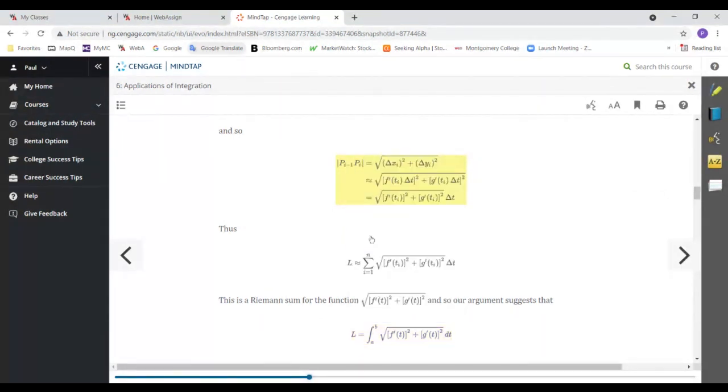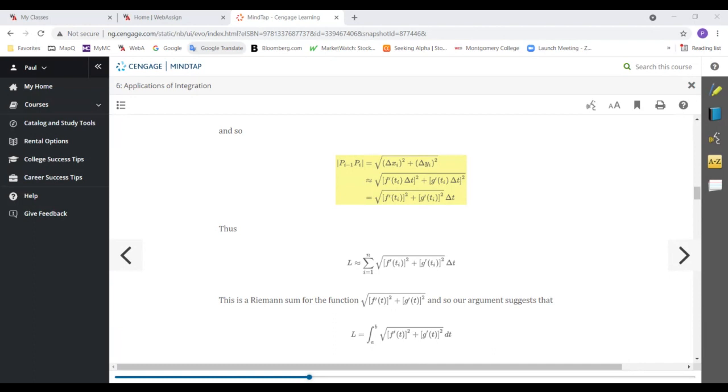Now the distance between the two points can be expressed this way. The delta t squared can be factored out of the square root as a delta t. And so the distance of the line segment is equal to the square root of the sum of f prime of t squared plus g prime of t squared, times delta t.